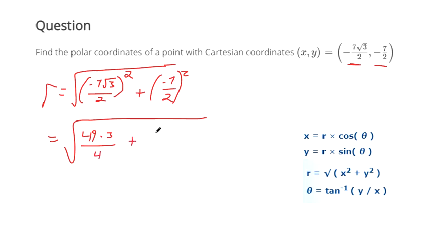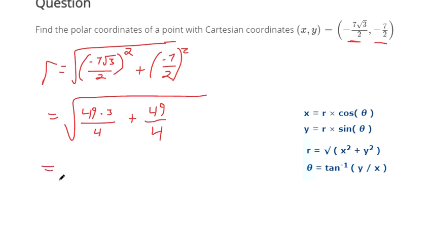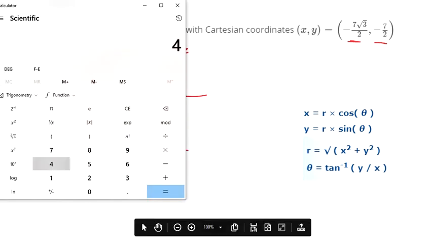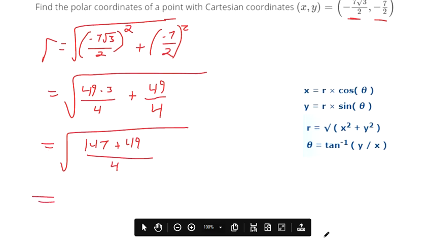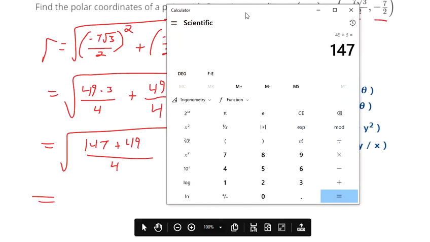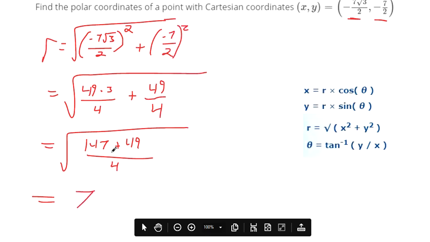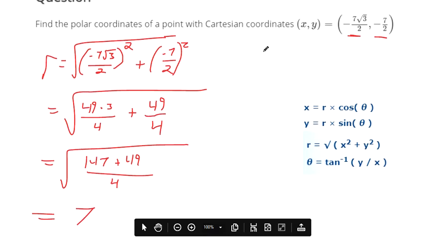And so you've got 49 times 3, which is 147, plus 49 over 4. Hope it's something nice. Divide that by 4, and the whole thing is 49 in our calculator. The square root of 49 is 7. So we found r. r is 7.